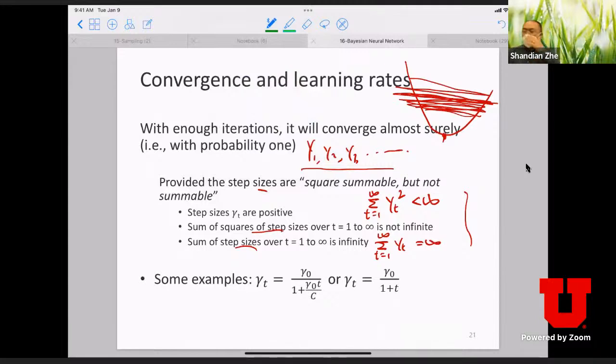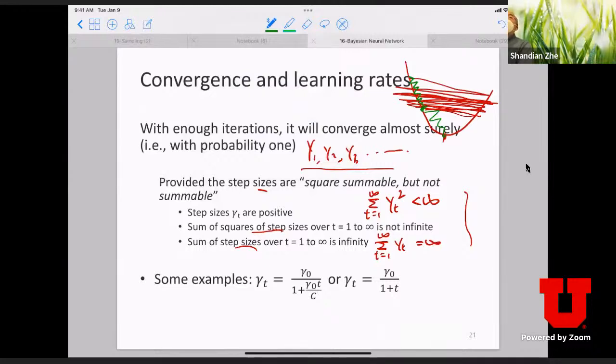If your step sizes are too small, what will happen? You start from here, get stuck in the middle, and never go down. So you can see these two conditions ask you to make the right choice of step size sequence, not too large and not too small. Under these two conditions, it guarantees that finally you are going to arrive at a local minimum of your objective function.